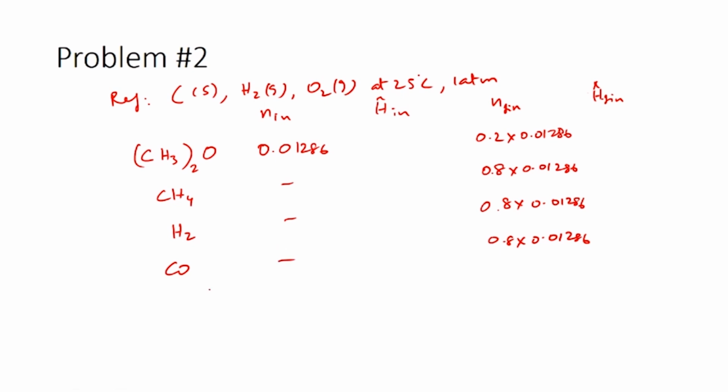In the initial and final condition, we now need to identify which enthalpies will go to 0 and which enthalpies have to be accounted for. So, let us say we have to identify H1 cap for dimethyl ether. Dimethyl ether in the initial condition is at a temperature of 600 degrees Celsius, and the reference states are carbon, hydrogen and oxygen at 25 degrees Celsius and 1 atmosphere.